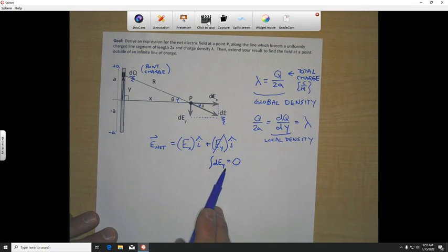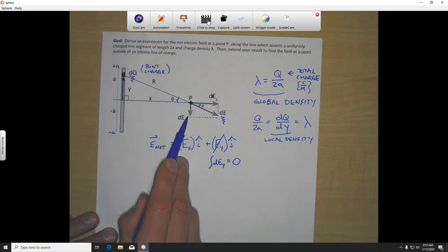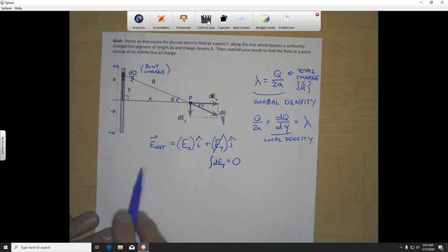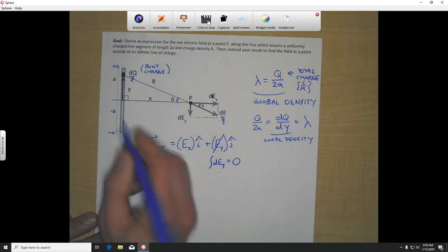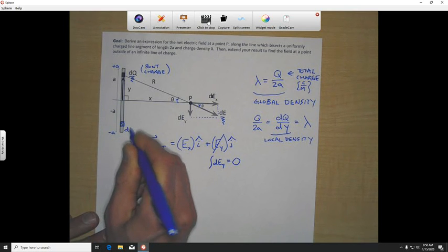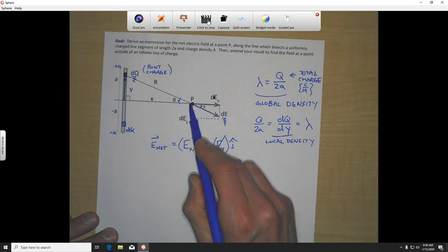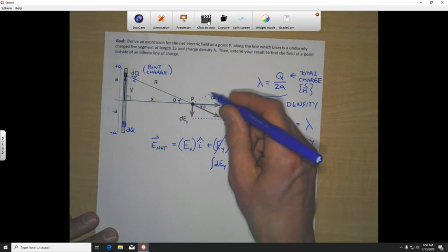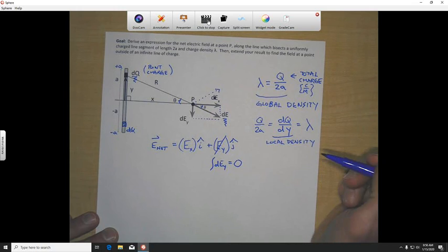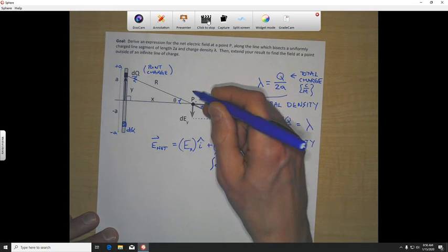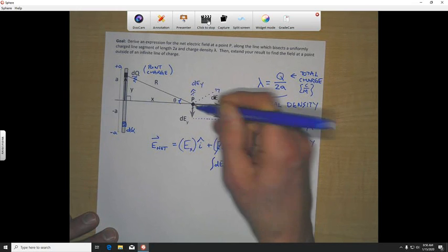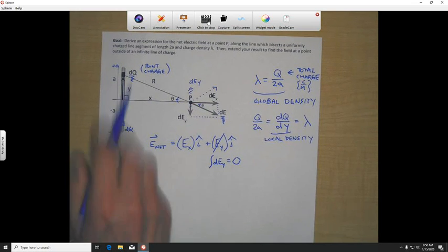Now, everybody remember that dEy in this picture is just from this one particular situation. But if I consider a charge that's, say, down here, right there, this dQ, I hope you can see that that electric field would kind of come up this way, and its y component would cancel the y component from my first picture.